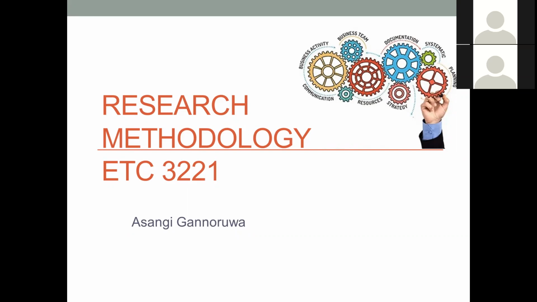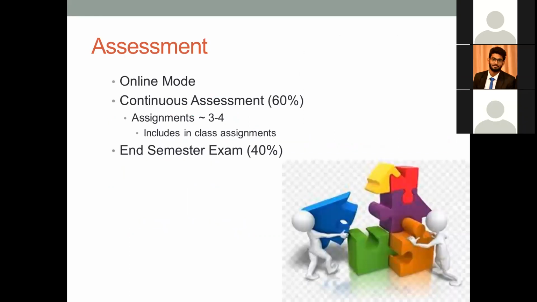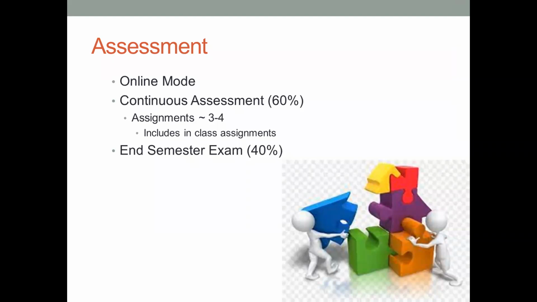So under online mode, this is the continuous assessment and end semester assessment weightages. I will take 60% of your marks for continuous assessment. Okay, in a normal scenario, that means if you were doing the module in physical lectures, the continuous assessment still will be 50%.